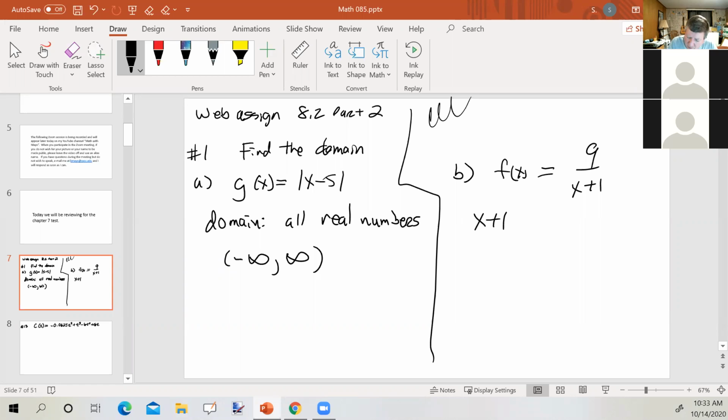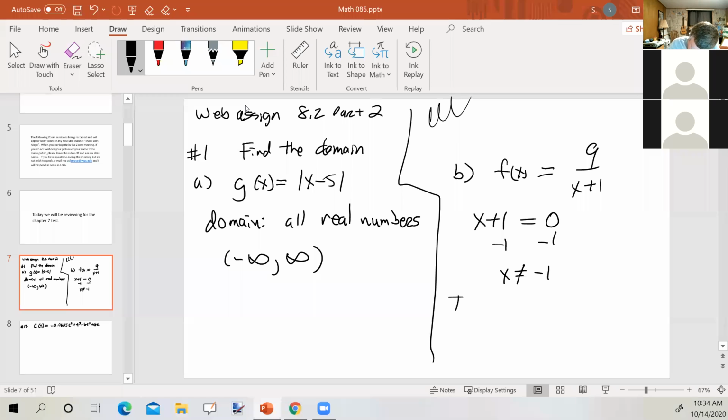So we want to know when the denominator, x plus 1, will be equal to 0. If we solve the equation x plus 1 equals 0 and subtract 1, we get x equals negative 1. So negative 1 is the number that would cause the denominator to be 0, which would cause the function to be undefined. So basically, we want everything but negative 1.